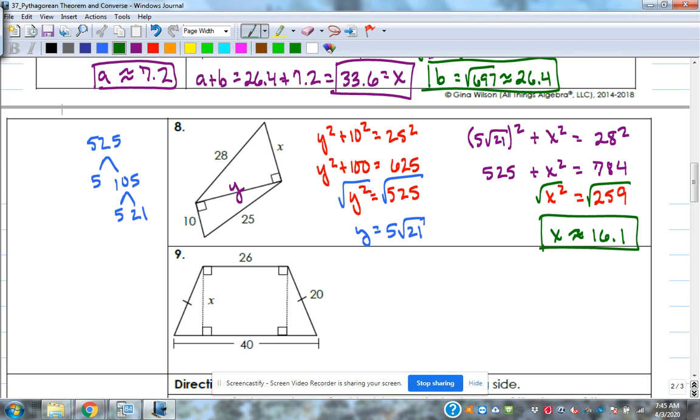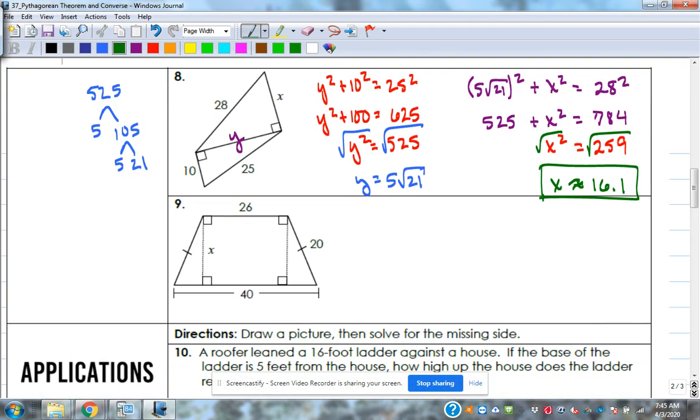Okay, let's look at number 9 there. We have a trapezoid, an isosceles trapezoid. It's isosceles because these two sides are congruent, so we know that's 20 as well. And then they want us to find x, and we know that this entire base here is 40, and this base up here is 26.